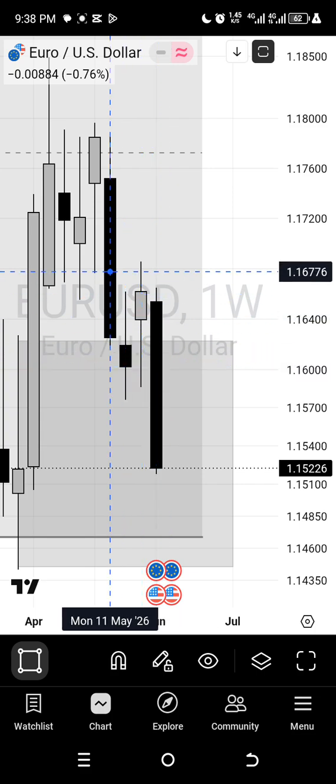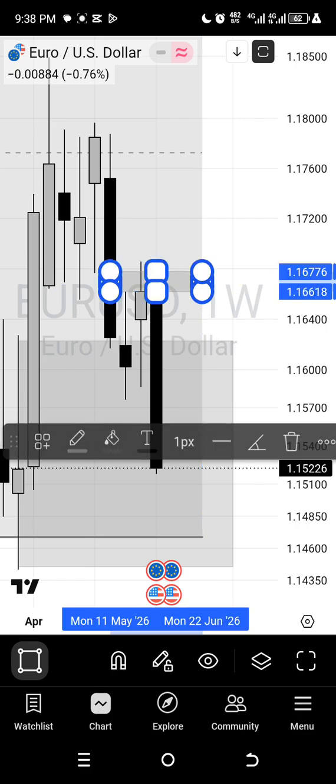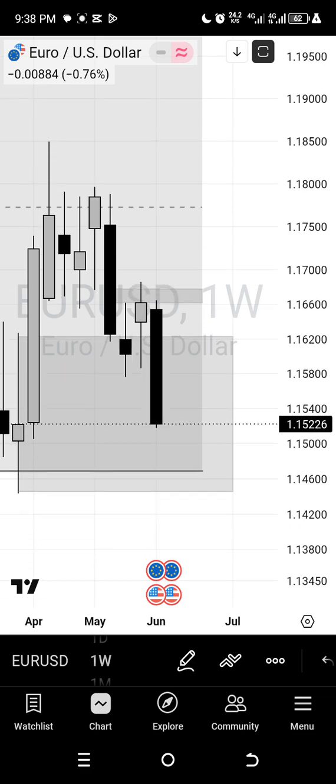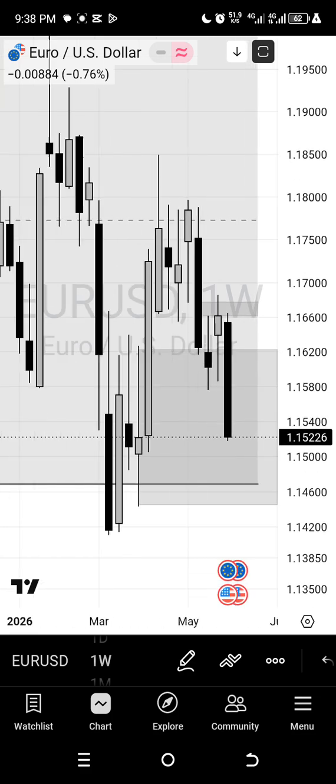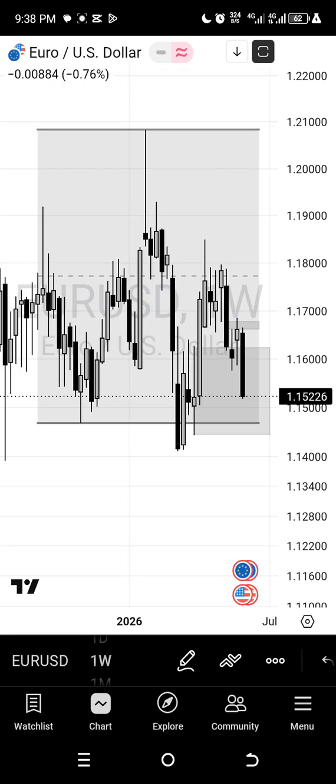So this February gap actually caused the reaction that we saw happening on EU, pushing to the downside. So right now our job is to refine our zones on the daily time frame in order to continue the analysis lower.